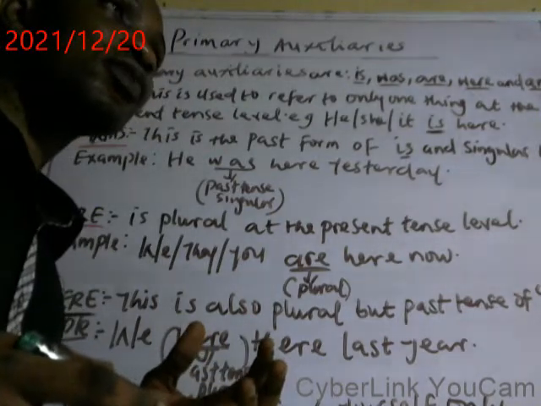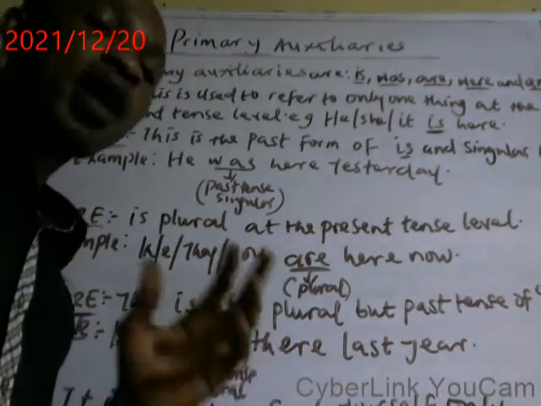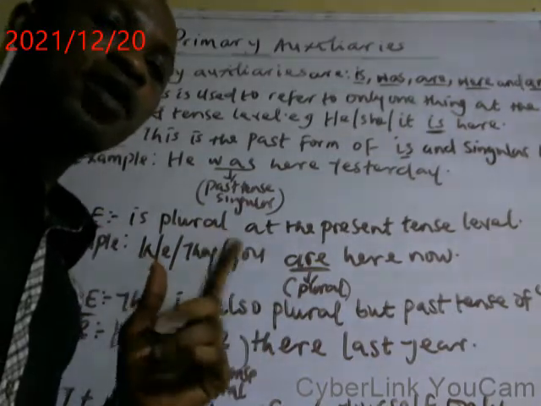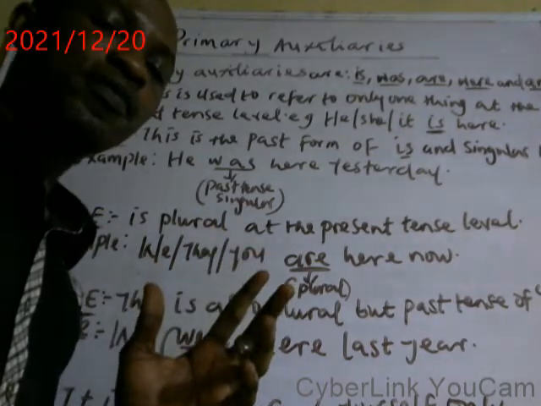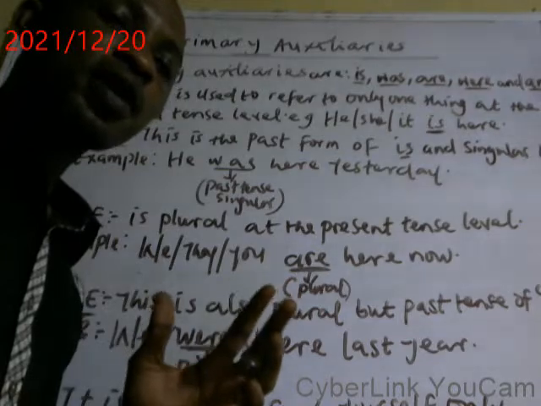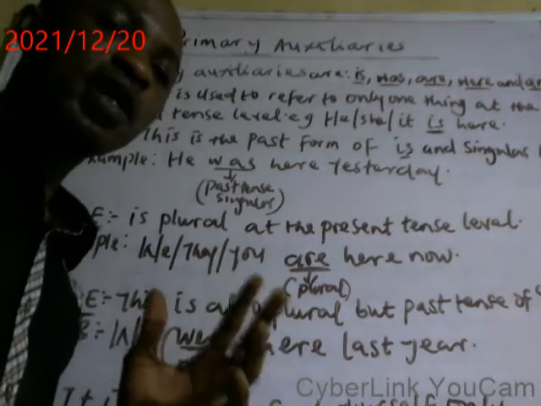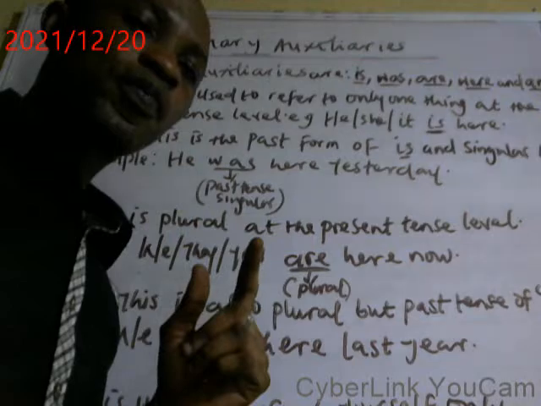There are five primary auxiliary verbs in English.